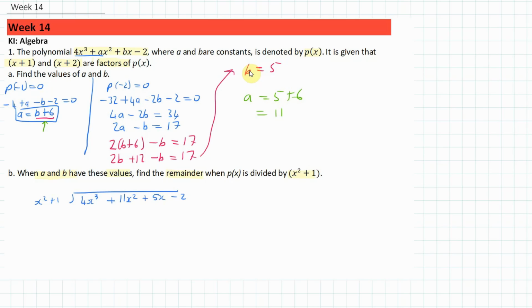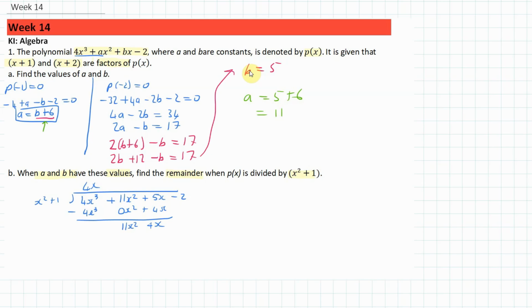Now we plug this in. X squared into 4x cubed is just simply 4x. And that will lead us to 4x cubed, obviously 0x squared plus 4x here. Now we can take all of those away. So we get 11x squared plus x.